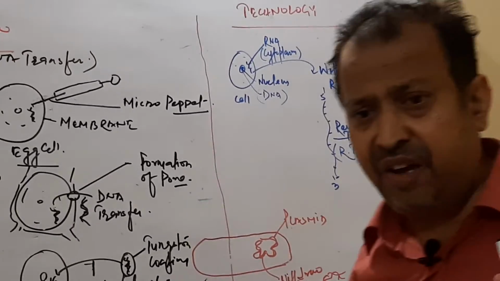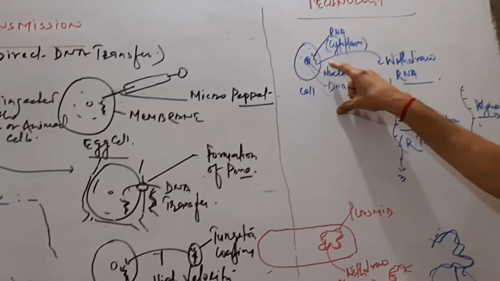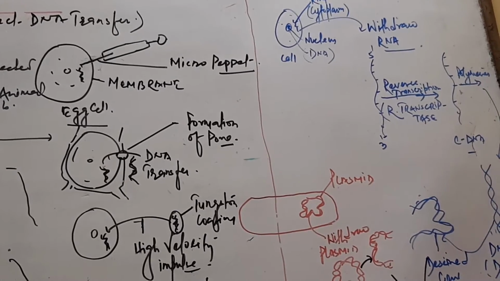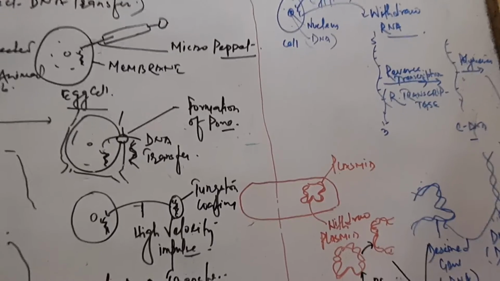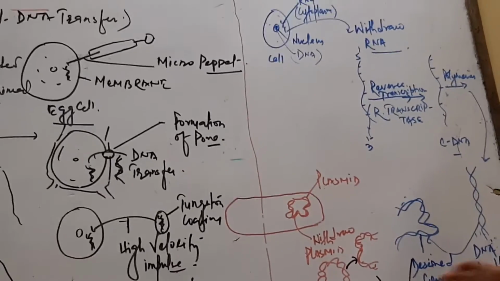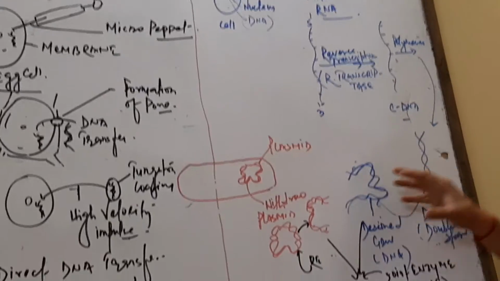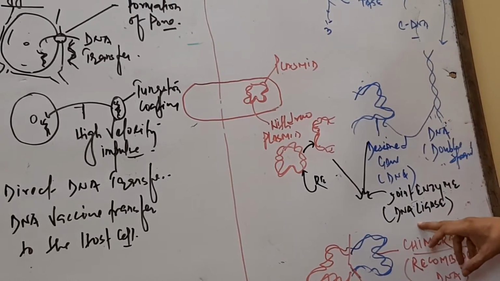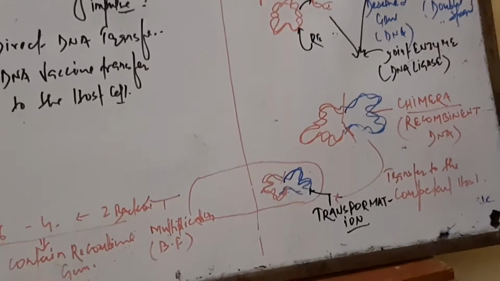It is easier to withdraw RNA from the cytoplasm, and convert it to DNA through reverse transcriptase. The desired gene is formed by this technique and is carried by a carrier DNA, that is a plasmid, which combines with the desired DNA to form chimeric or recombinant DNA.